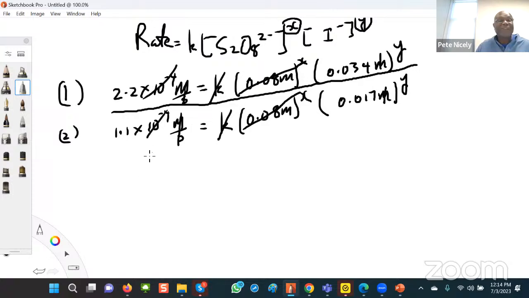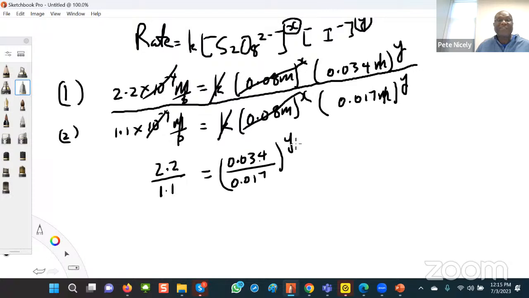So what are we left with? We're left with 2.2 divided by 1.1 equal to 0.034 divided by 0.017, all raised to the Y. Now 2.2 divided by 1.1 gives you 2, and 0.034 divided by 0.017 gives you 2.